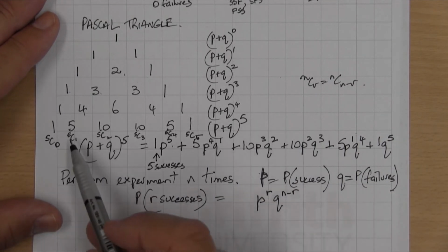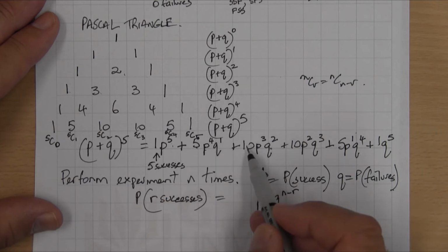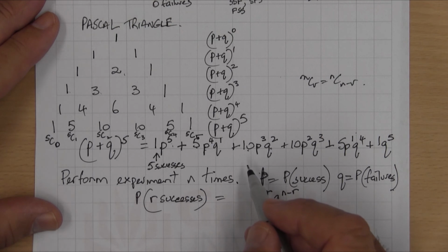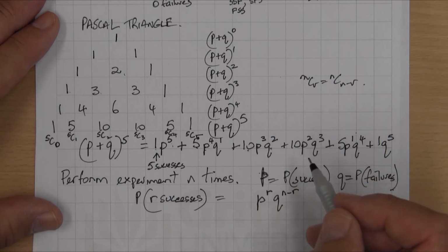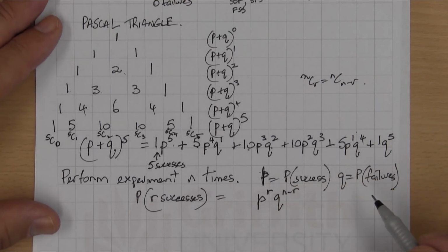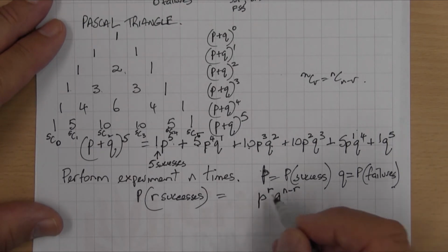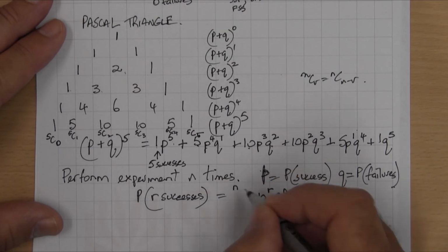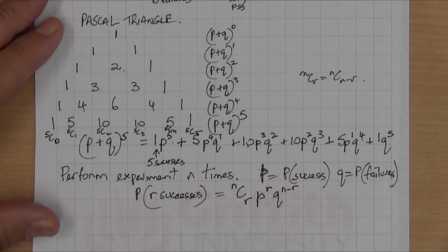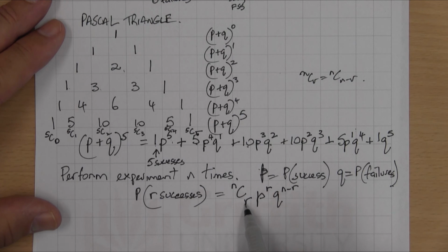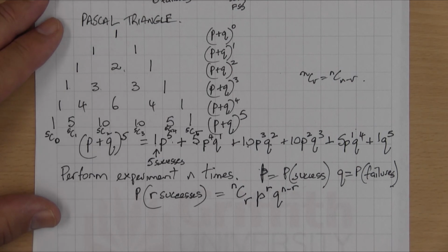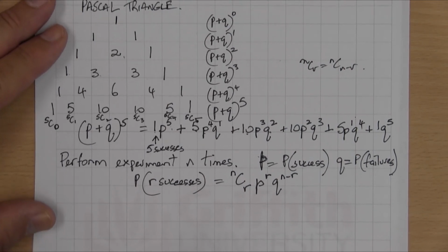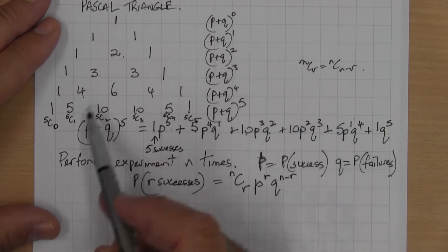So if we look here, this is 5C0, 5C1, 5C2, and that's 5C3, etc. So this here is nCr. This is the number of successes that you're going to get. This number here corresponds to that number up there. So that's the probability without having to work out every probability.